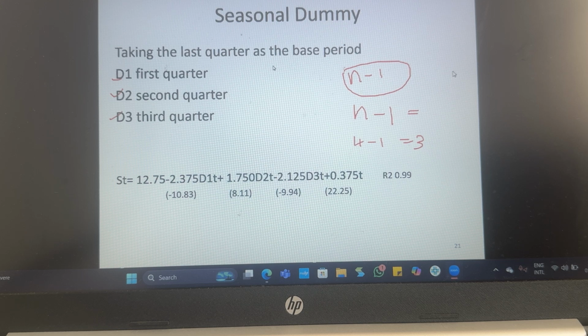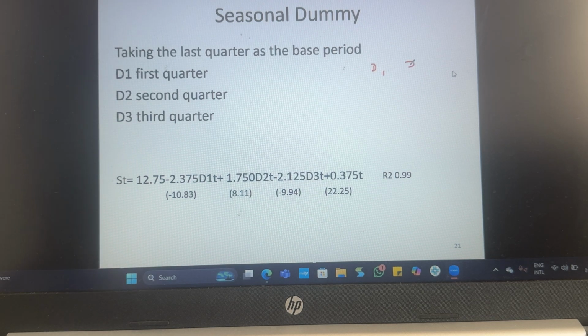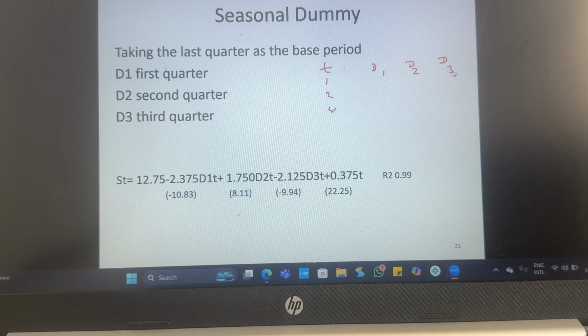Let me tell you how to use this dummy, and why we have to use 3 dummies. D1 denotes the first quarter, D2 denotes the second quarter, D3 denotes the third quarter. Suppose these are the time periods 1, 2, 3, 4, 5, 6, like this.